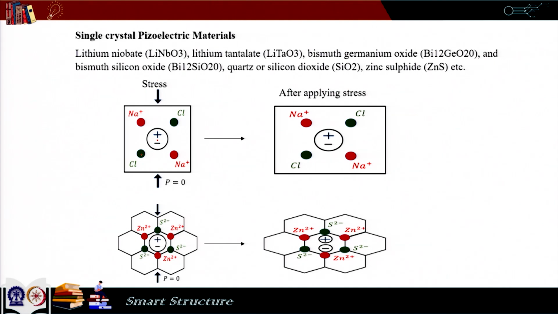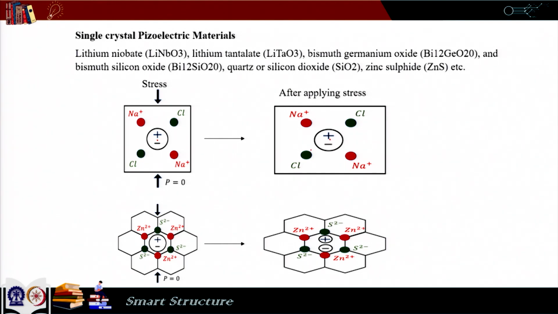Now, if we apply stress to it, suppose I compress and it deforms into this shape, then also because of its centrosymmetric nature, the centers of the positive and negative charge remain coincident. So, they do not separate, they do not form any dipole.